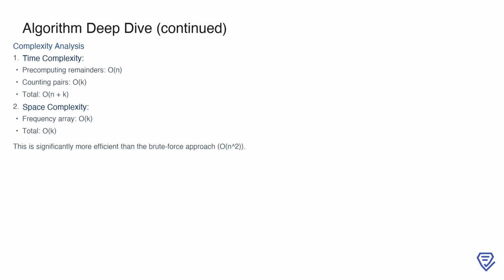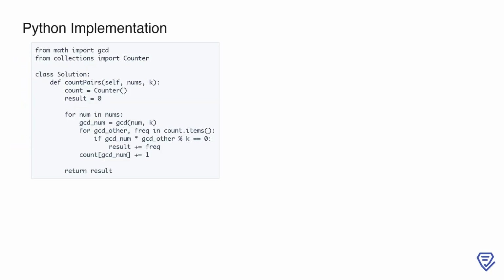This is a significant improvement over the naive brute force solution, which has a time complexity of O(n squared). By leveraging modular arithmetic and pre-computed frequencies, the algorithm achieves a highly efficient solution to the problem. This Python implementation efficiently solves LeetCode problem number 2183, Count Array Pairs Divisible by K.